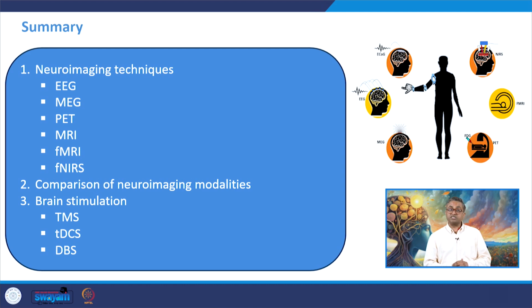We also discussed the neuroimaging modalities, the different tools and techniques people have used in the recent past, and we are progressing in this direction, so new novel techniques are coming.